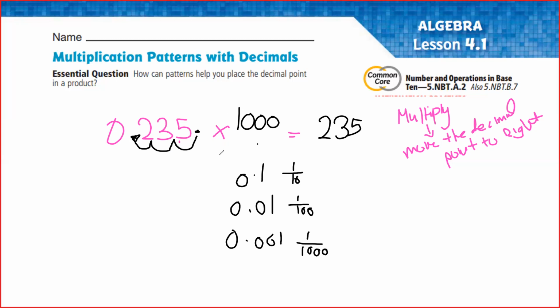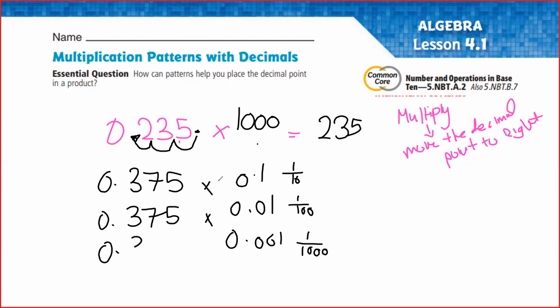So now, when you multiply the number by tens, by hundreds, by thousands, what do you have to do?